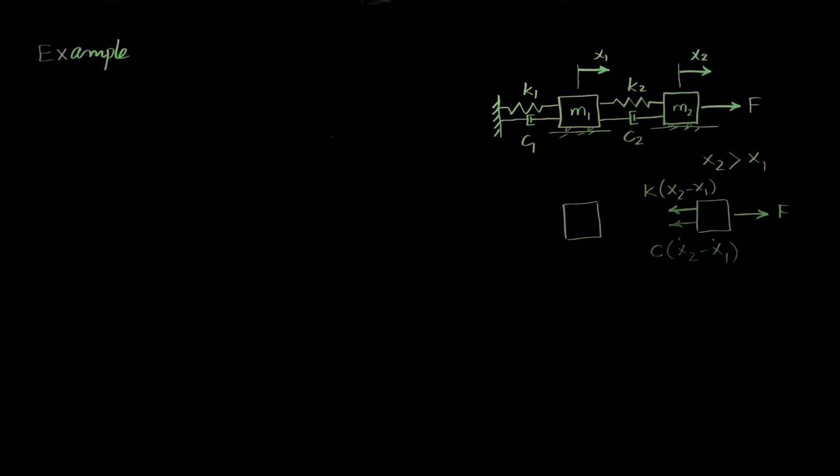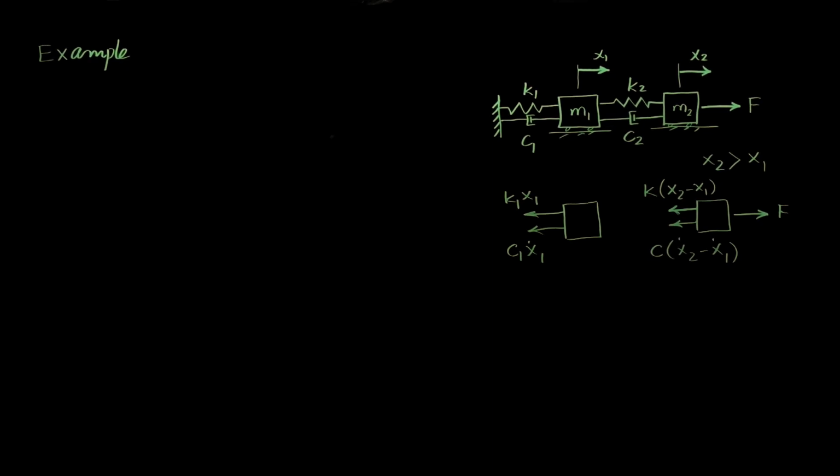So it's basically the spring force, but the time derivative of it, replacing the K by a C. Now for M1, there's the spring force K1 times x1. That's the stretch in the first spring, and the damping force C1 times x1 dot.